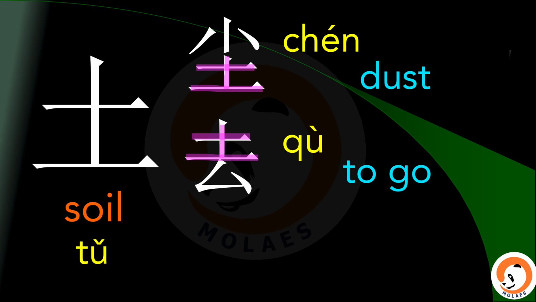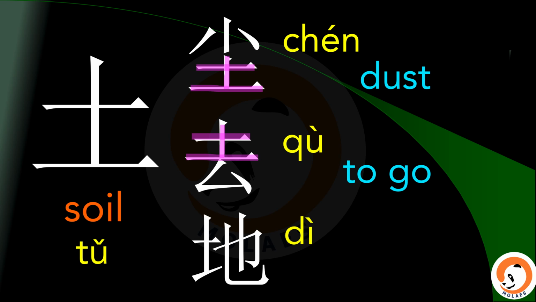It means to go. 地, soil on the left. It means earth. 尘 dust, 去 to go, 地 earth, also means place.